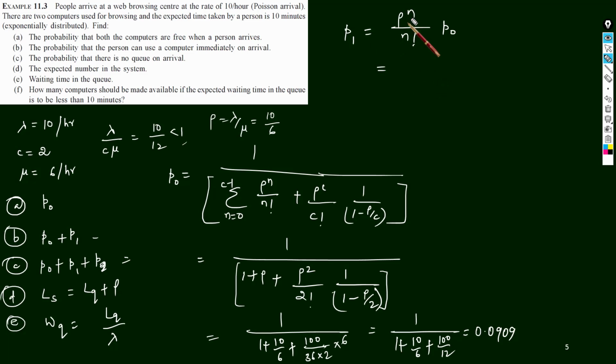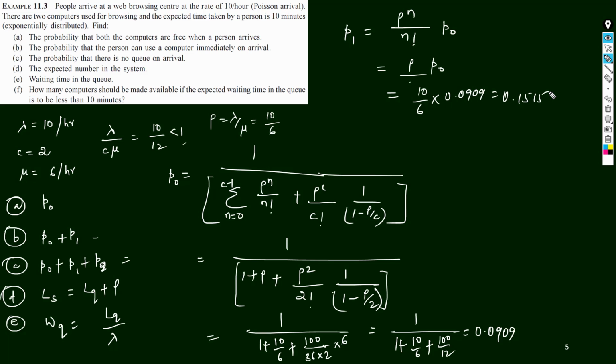So this is rho by 1 into P naught. Here we have 10 by 6 into 0.0909. How much is that? This comes to 0.1515. Clear?